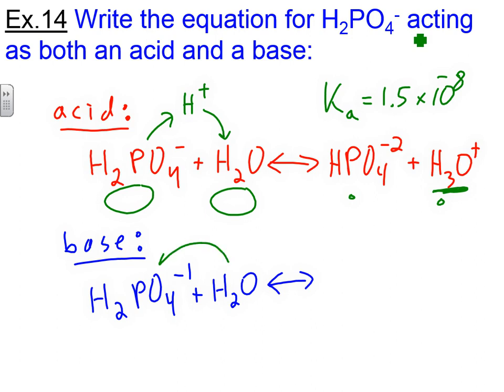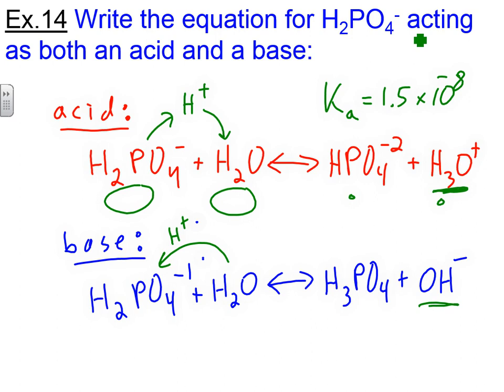And then once it accepts it, it becomes H3PO4. This is good old phosphoric acid. Notice no charge because the H+ canceled out the -1. What's left over then, since it's accepted it, is an OH-. So notice it's acting as a base. Bases essentially produce hydroxide ions, and that's what we're showing H2PO4 minus doing.